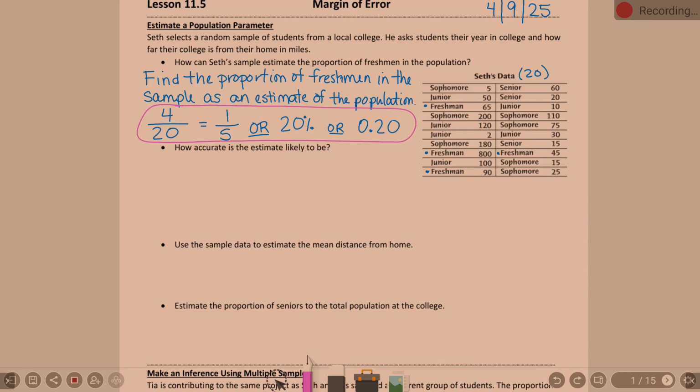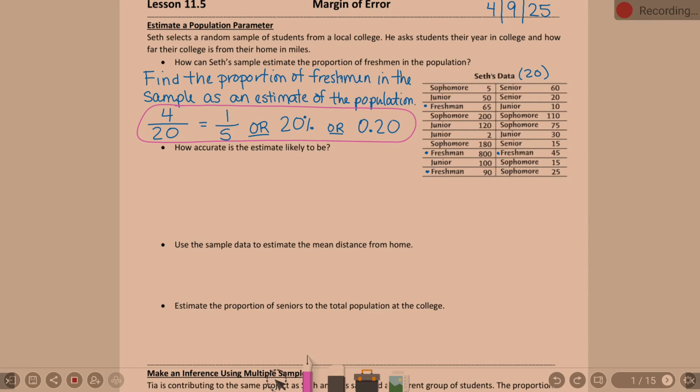And it's not even that we're really going to answer how accurate it's likely to be, but what are some factors that would determine how accurate it is? Okay. And as you say that, the amount of students that go to the college, in comparison to what?